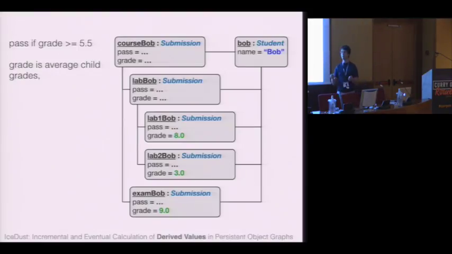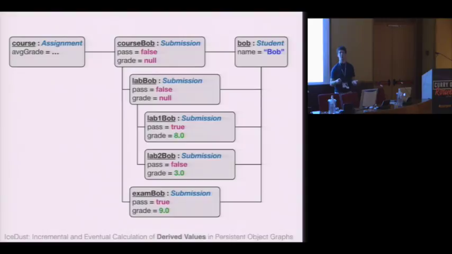So the grade of the lab will be the average of the individual labs, but only if all the children pass, because we don't want a student to fail a single lab, but then succeed the complete lab and succeed the course. If we apply these rules, we can see that Bob unfortunately fails this course because he failed the second lab. That's why he didn't get a grade for the full lab, and he fails the full course. Of course, we can make these derived values more complicated by stacking them on top of each other, so with the student grades, we can calculate the average grade for the course.